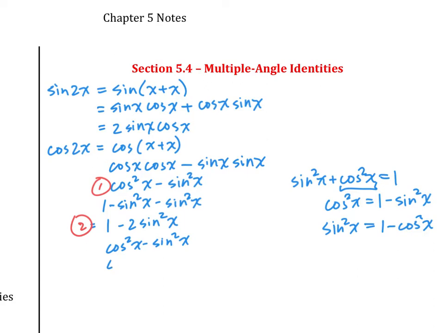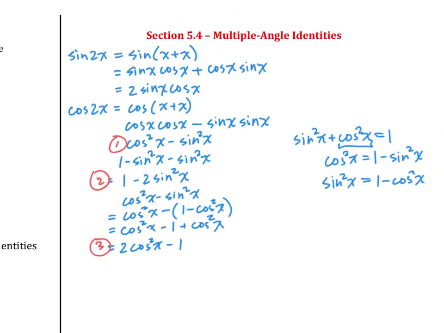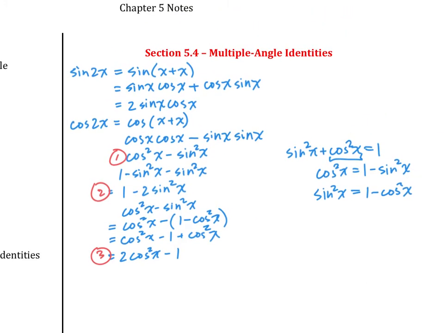If I do that, I'm going to substitute that right in here. So cosine squared minus 1 plus cosine squared. You can see that here I have two cosine squareds, so I can rewrite it as 2 cosine squared minus 1. Okay, so this is my third formula. So 1, 2, 3. All three of them mean the same thing, and you can use any of them for cosine 2x.